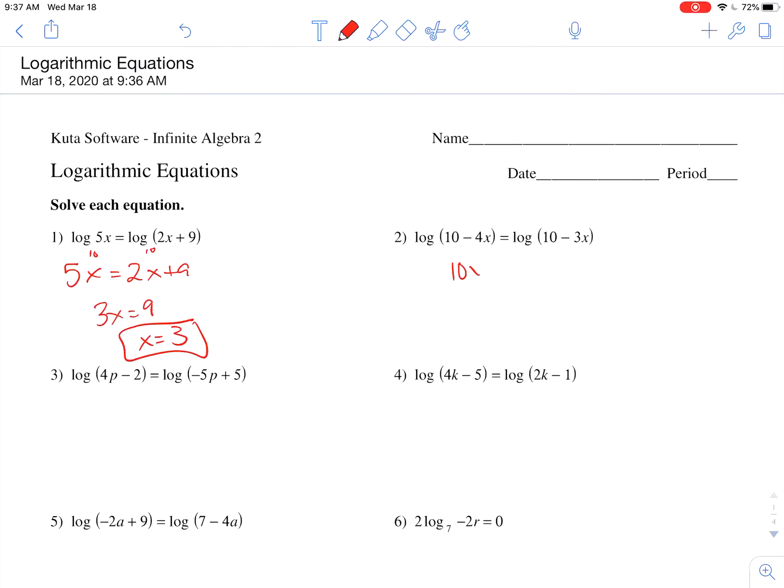So 10 minus 4x equals 10 minus 3x. So we can add 4x. 10 equals 10 plus x, minus 10, x equals 0.